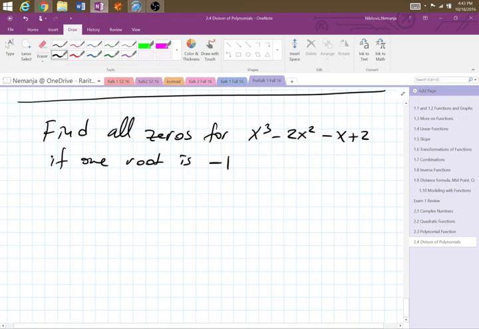So now, how do I do this? Well, I know that one root is -1. So I will do this synthetic division right away.